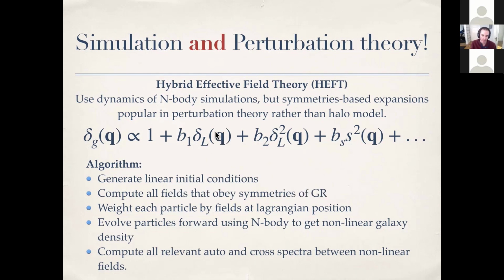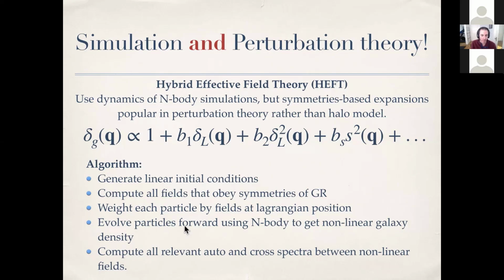So we compute something like just the weighted density field, the density field squared, the tidal shear field, and this is all done in the initial conditions of the simulations. And then we can weight each particle in the simulations by those fields. So we do some weighted sum to give us a so-called proto-galaxy density. So this is the galaxy density at very, very high redshifts, at the redshift that we begin our simulation.